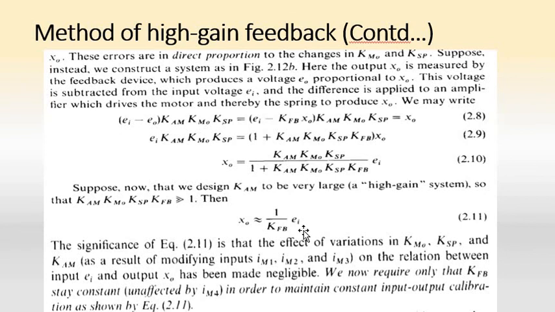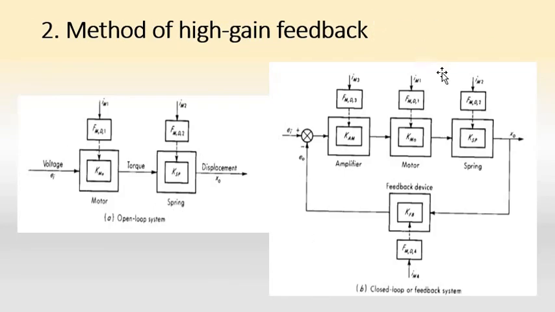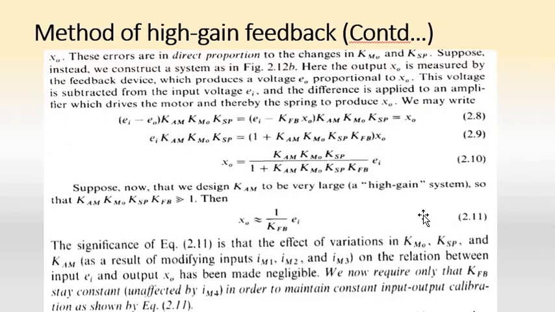As a result, even though IM1 and IM2 exist here, their effect is neglected from the relation between output and input. The only effect we require is the feedback device. In this way we can remove the modifying input by using a high gain feedback.